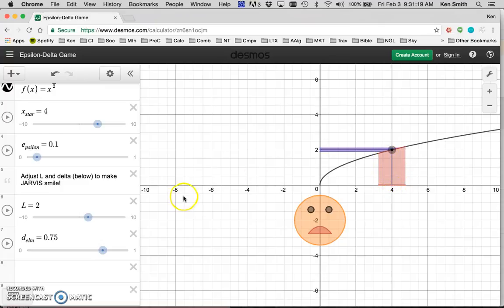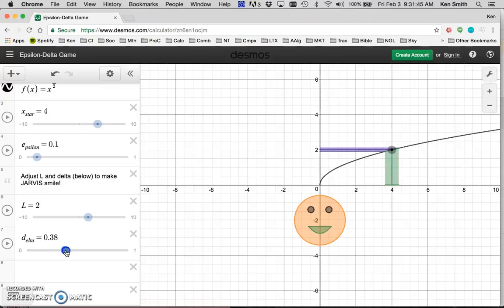And in this case, if delta is 0.75, that doesn't work. If you're within 0.75 of 4, sometimes you're outside the purple epsilon band. So let's pull the slider on delta and watch as my little pink box begins to shrink. Sooner or later, I finally get x values that force the y values into the purple band.